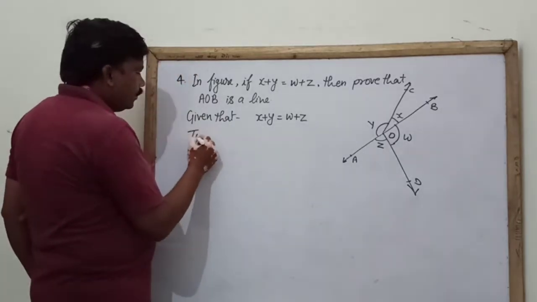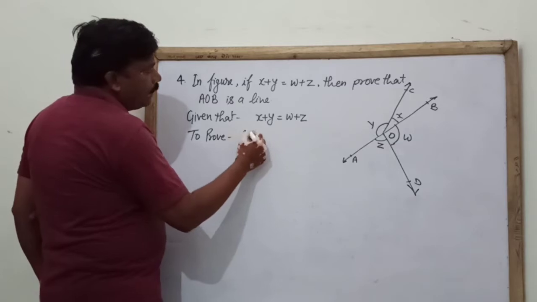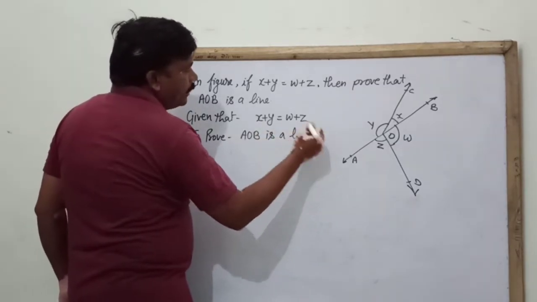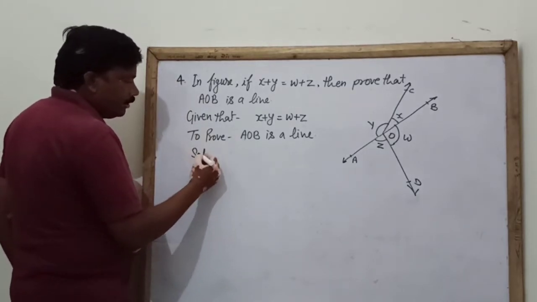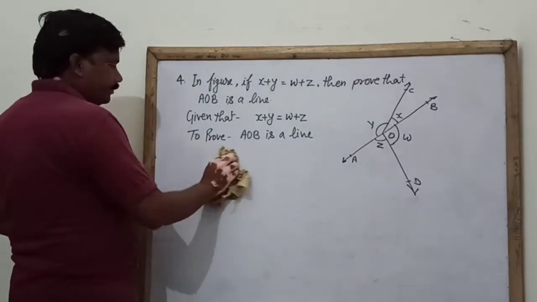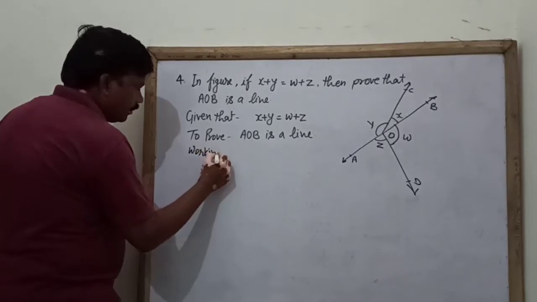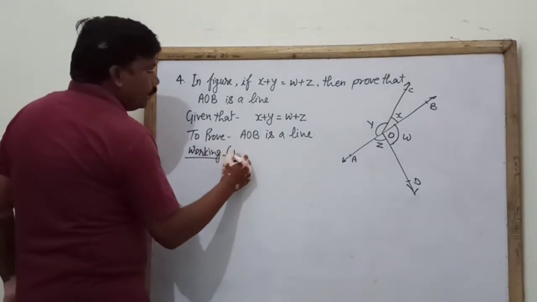To prove AOB is a line, now the solution, or we can say working, or we can say proof.